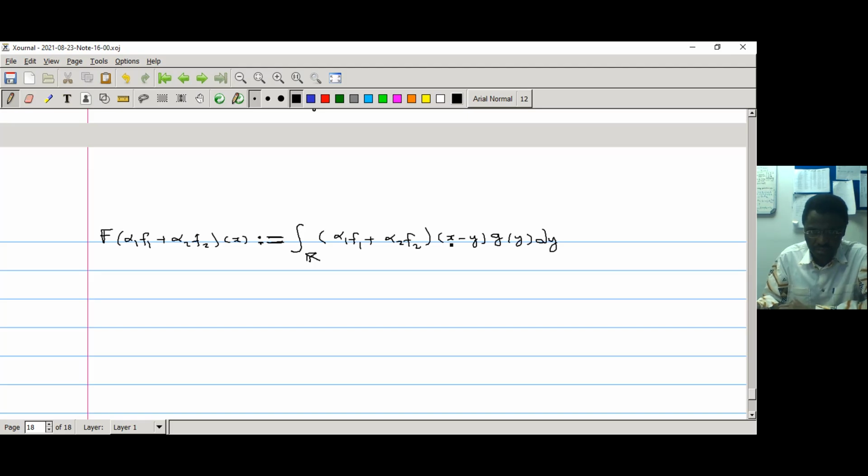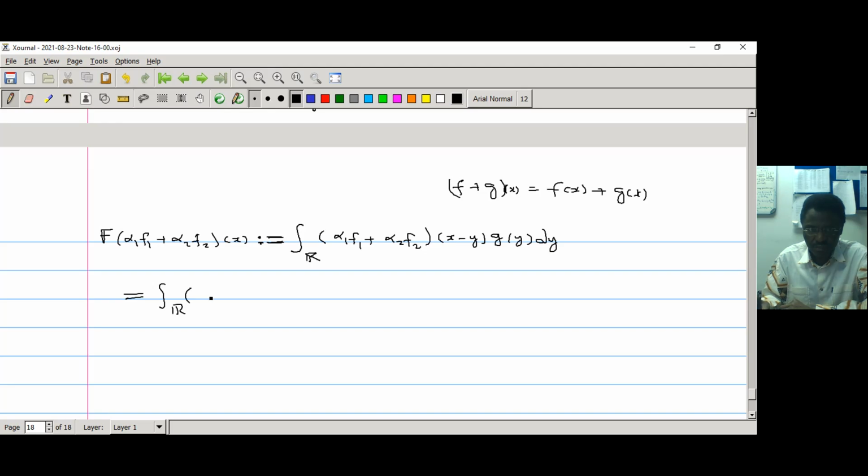So it is obvious that I can take this argument throughout, because if I have f plus g of x, we all know that we can distribute like this. That's exactly what we do here. That's why it's trivial, but I'm writing it step by step.